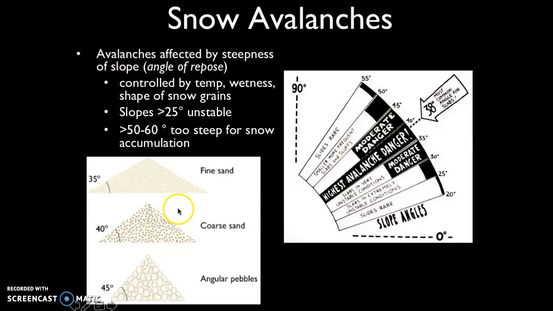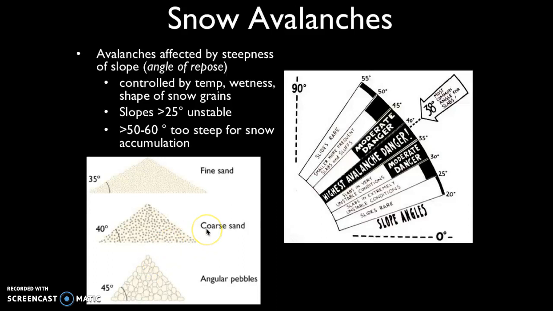So as you're seeing here at the bottom, if you have a material that is only fine sand, the angle of repose, meaning the angle at which things are still stable, is going to be 35 degrees. The angle of repose for coarse sand is going to be 40 degrees. And the angle of repose for angular pebbles is going to be about 45 degrees, meaning whenever you have these materials at those angles, or lower, then the slope is stable.